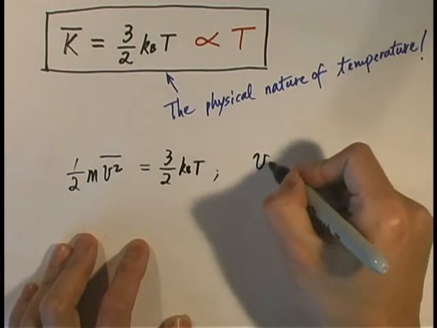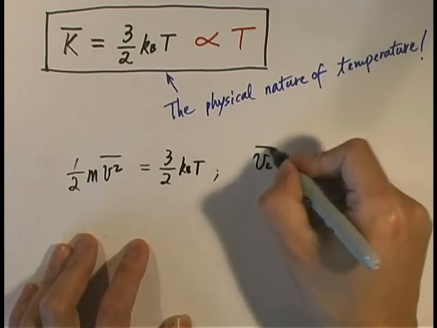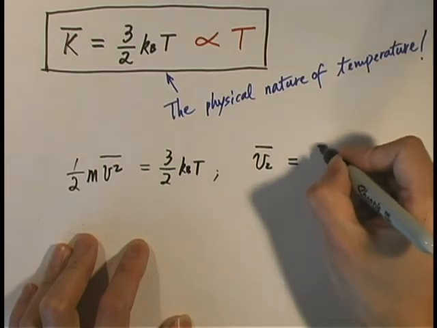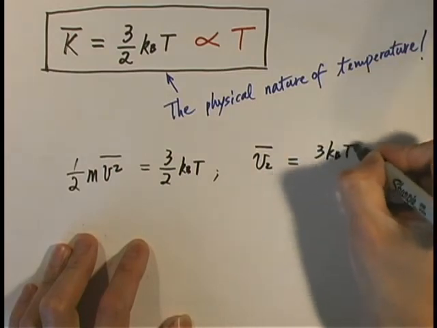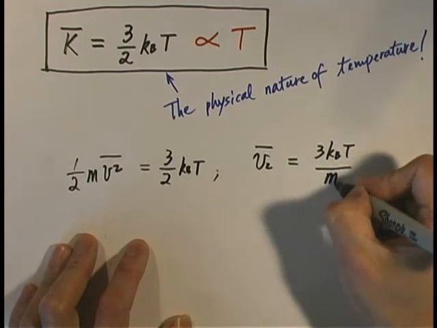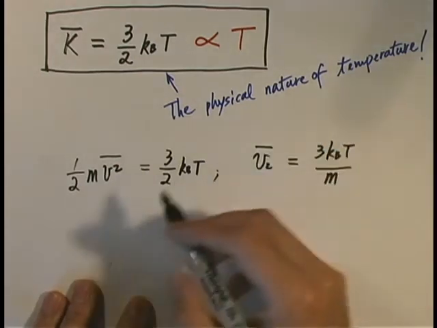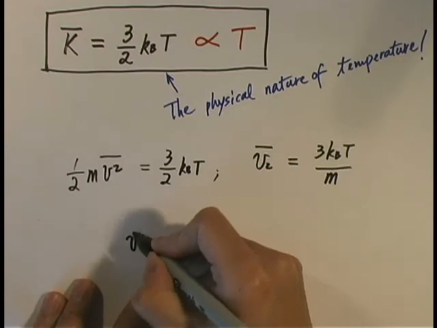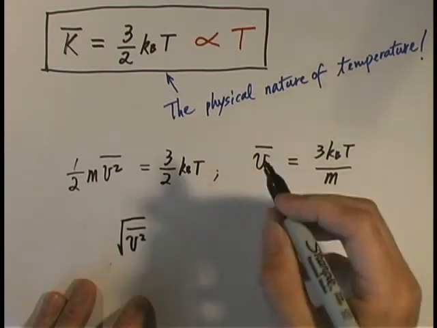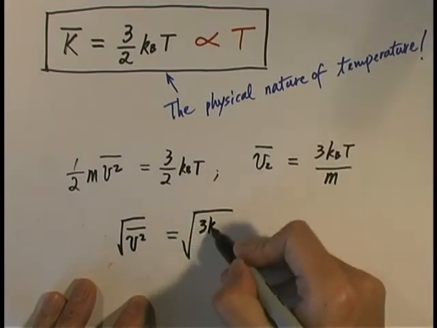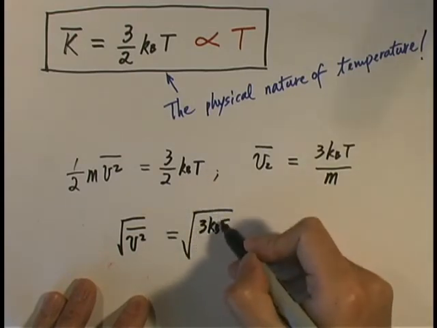So v squared average, what is that equal to? Well, that is 3 kT over m. Now we're not interested in squared, so I'm going to take the square root. So you take the v squared, average it, and then you take the square root. What is that equal to? That equals the square root of 3 kT over m.